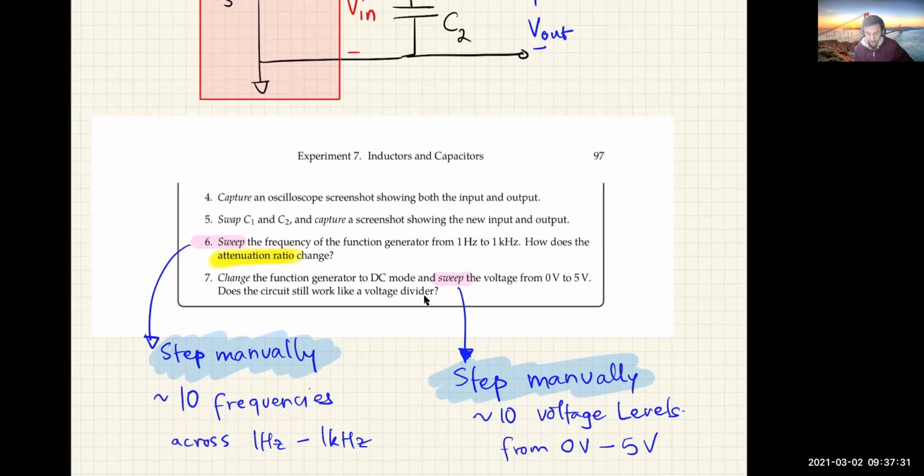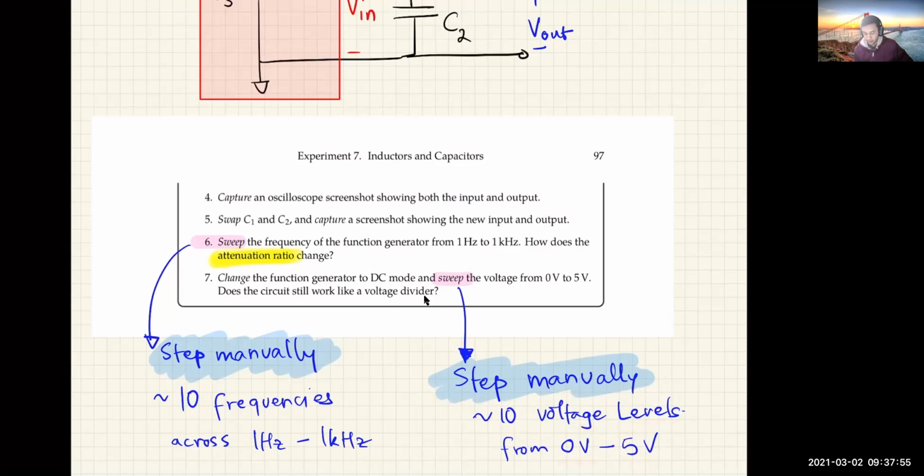Okay. And step 7 again, you're exploring the behavior of this capacitive divider with DC signals, and the manual tells you to sweep the voltage from 0 to 5 volts, but what you actually want to do is step the voltage manually from 0 to 5 volts and get at least 10 voltage levels between 0 and 5 volts.